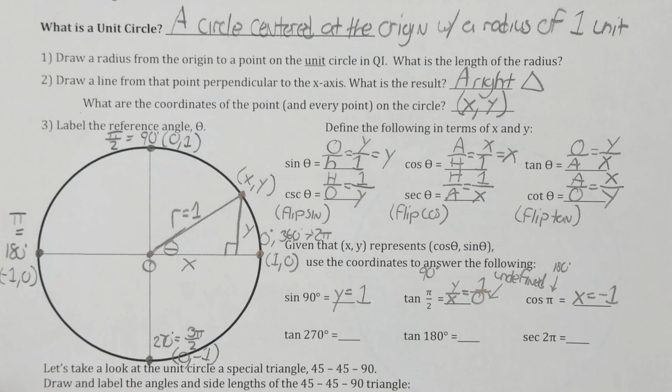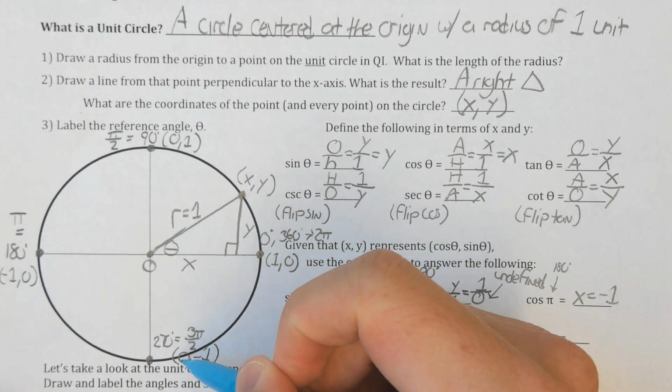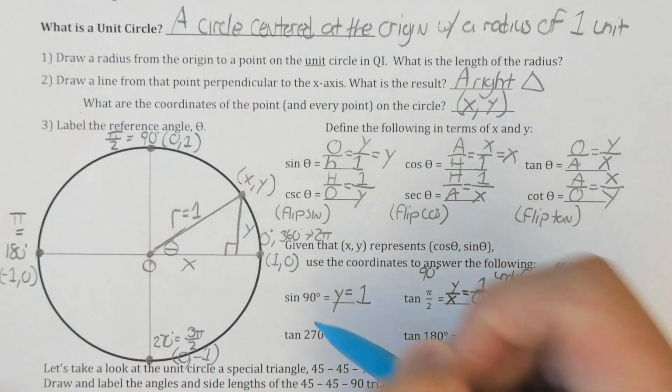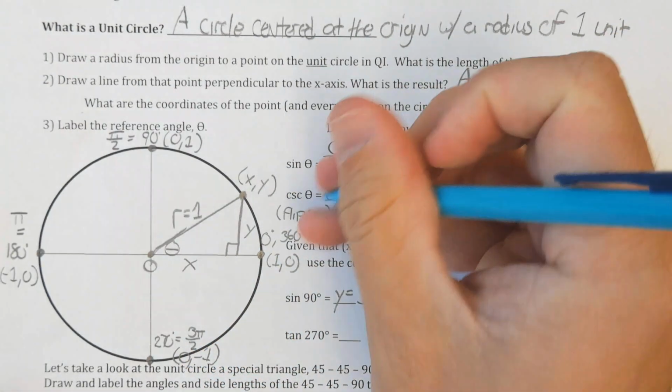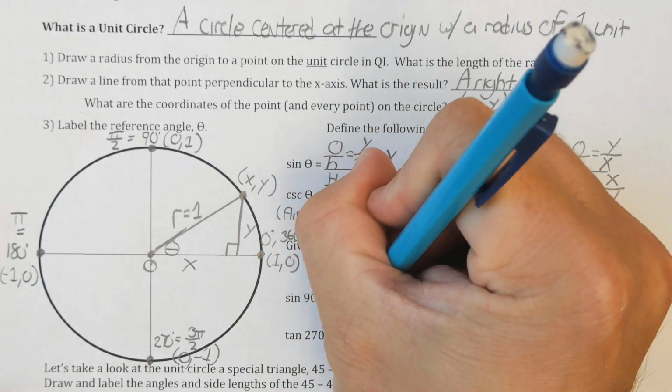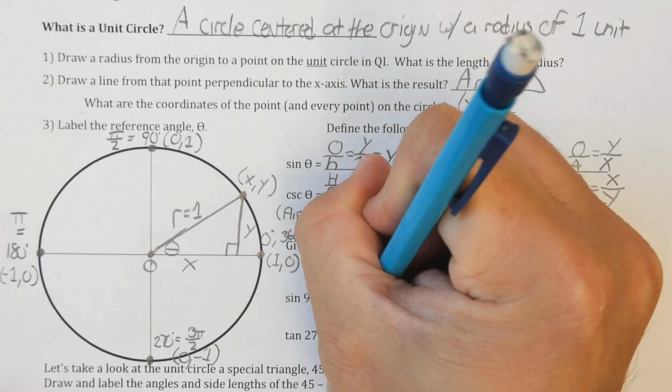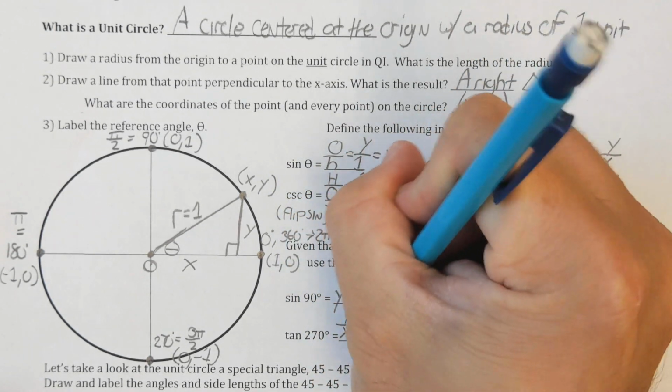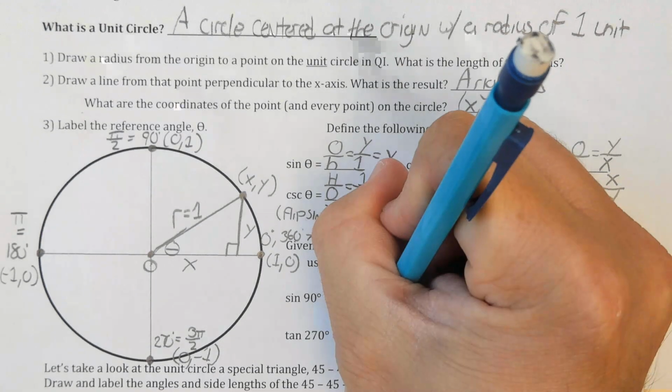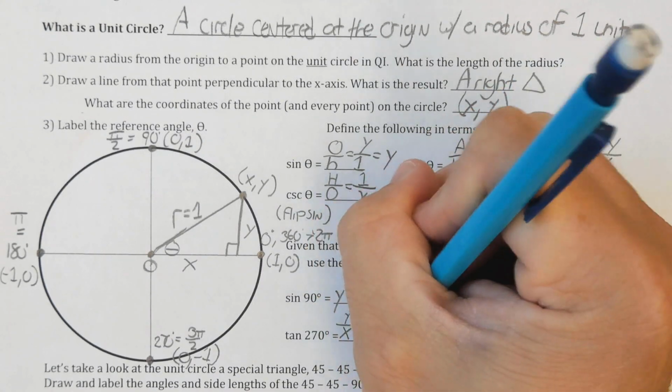All right, tangent of 270. So what is our ordered pair there? (0, -1). So again, what's your rule? Tangent's equal to y over x. What is the y value? -1. What is the x value? 0.